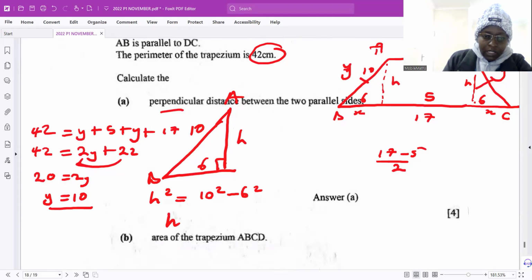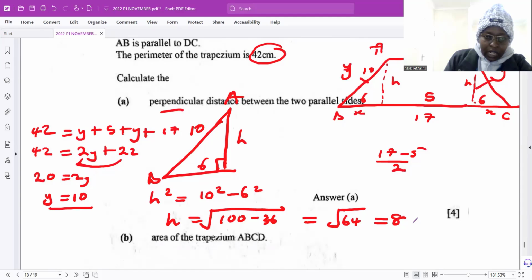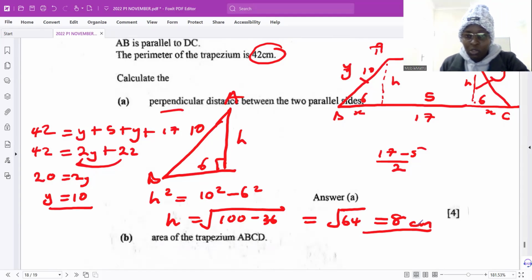So our h is equal to the square root of 100 minus 36. 100 minus 36 gives us the square root of 64, which gives us 8 centimeters as our answer for h. That's our perpendicular distance, 8 centimeters.